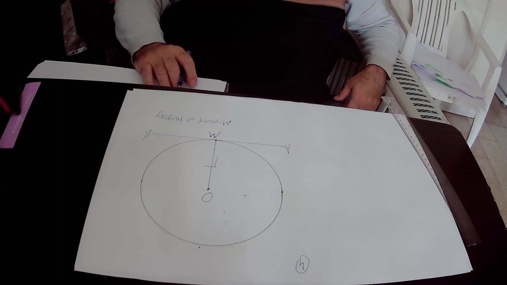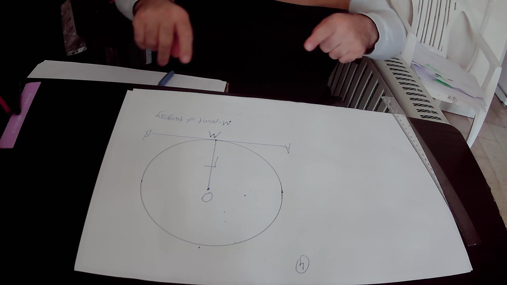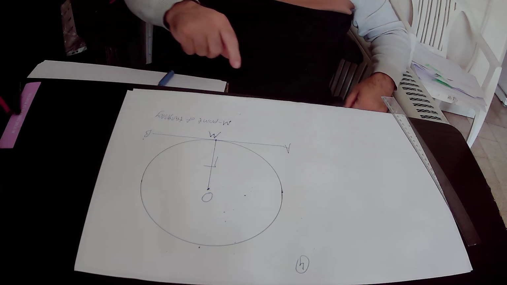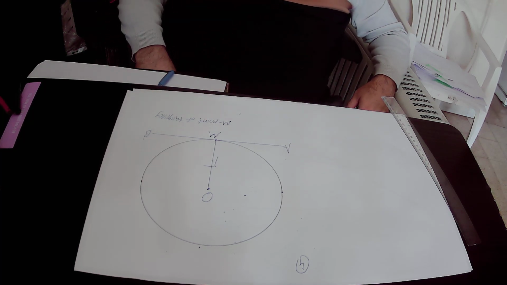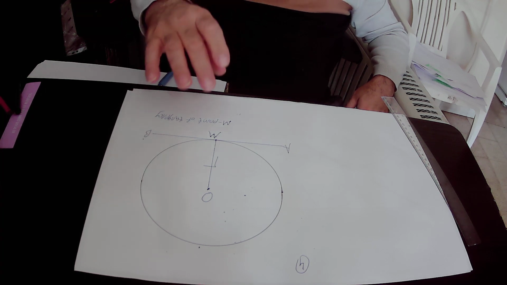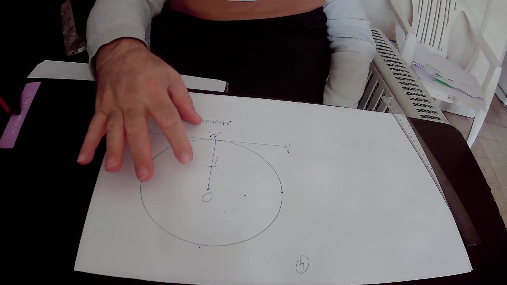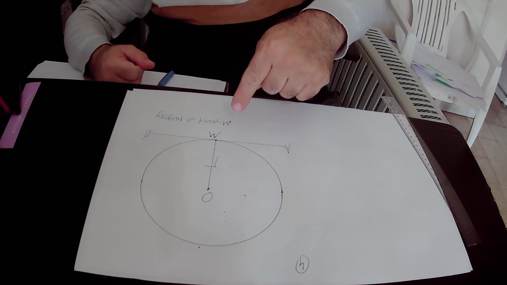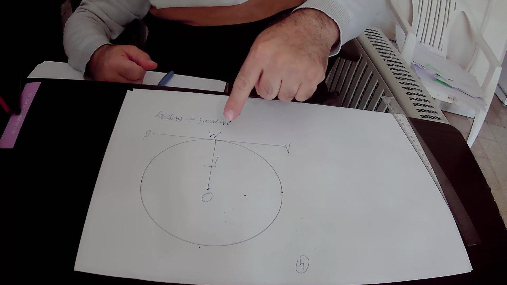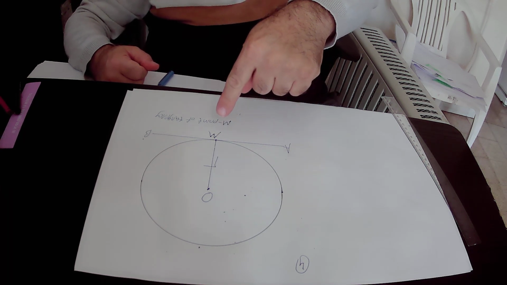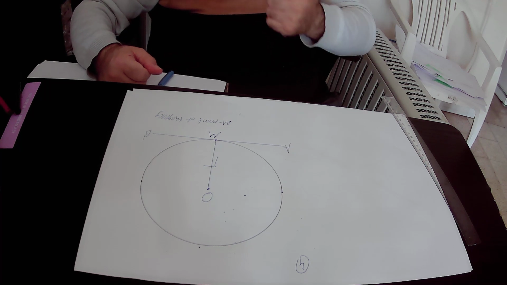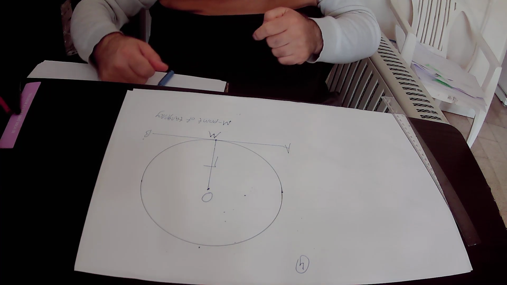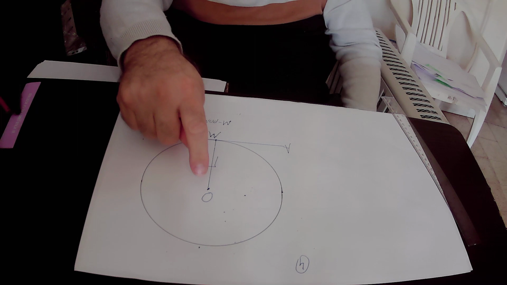So according to rule number 2, a tangent to a circle, that is to say tangent AB, is perpendicular to the radius drawn to its point of tangency. As you can see from the drawing, this radius OM is drawn to point M, the point of tangency. Therefore, the tangent AB is perpendicular to this radius.